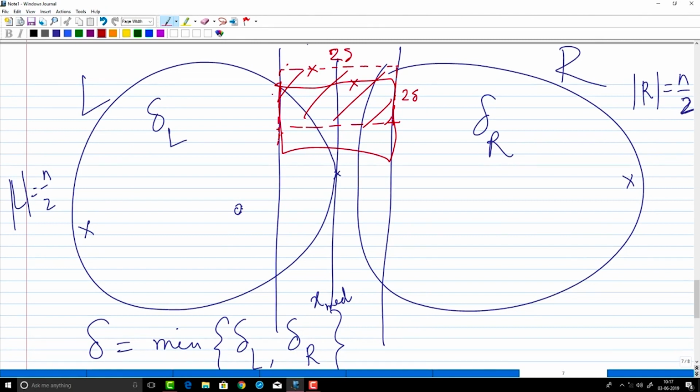Now, how do I retrieve, starting from this point, the next 12 points? For that, before I start my algorithm, I do a pre-sorting of these points based on their y coordinates. I have computed the closest pair of this, closest pair of this, so I have computed this delta.